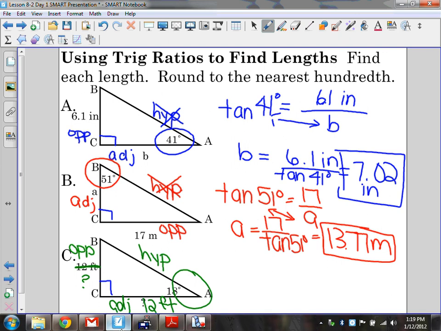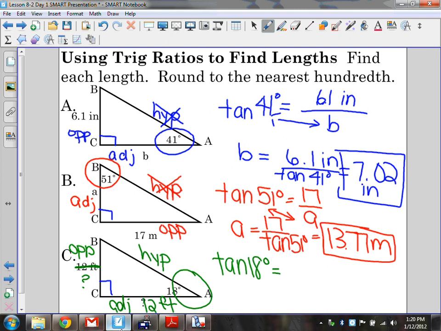So, we have tangent. What am I going to fill in for my degree? 18. Tangent of 18 degrees equals, what's the opposite side? It's a question mark.